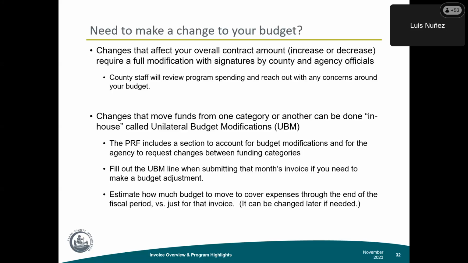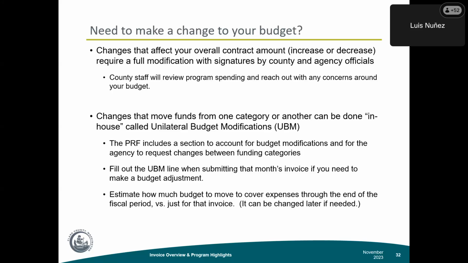On the other hand, if there is a reason that an agency needs to move funds from one category to the next, such as rent to other rent, then this is called a unilateral budget modification. This does not need a signature process. This can be done in-house. This just requires the agency to fill out the portion on the payment request form.